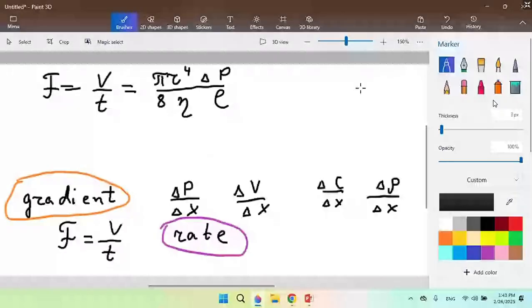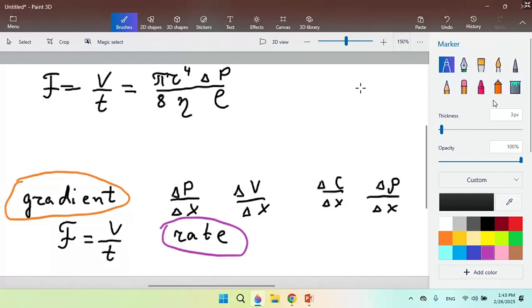At last. Okay, so this is what I have written. We've got radius to the power 4. Delta P is the change in pressure between the two ends of the tube, across the tube.